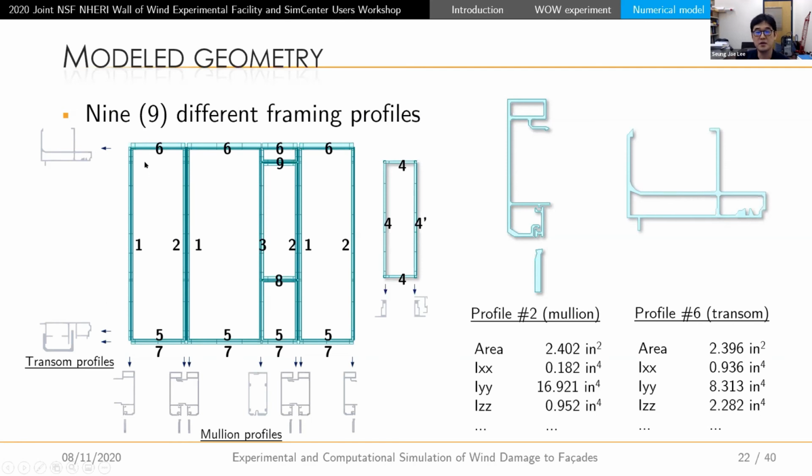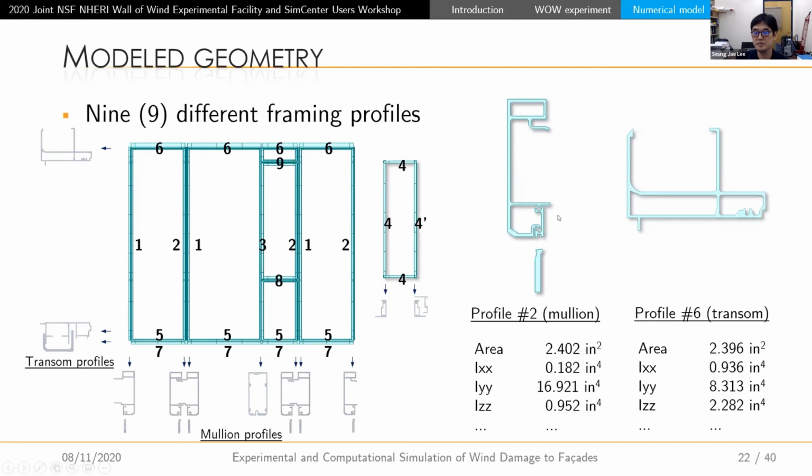As you can see, all the frame members have different profiles, except this chassis frame. We computed all the geometric properties, including area, torsion resistance, moment of inertia, and things like that, based on the CAD drawing, and reflected these properties in the beam elements when we developed the numerical model.